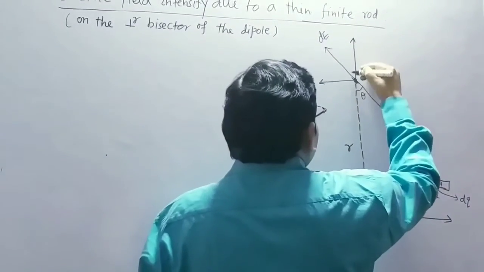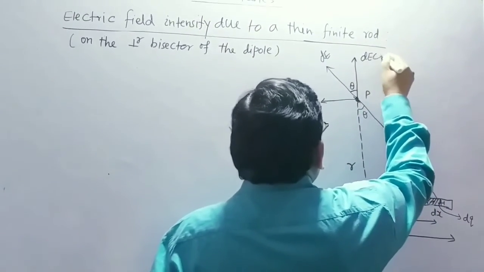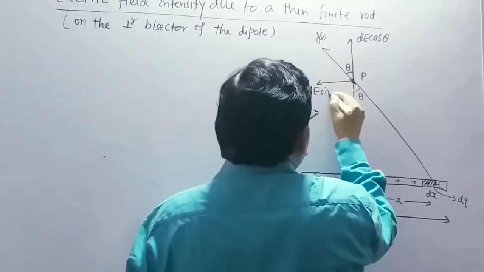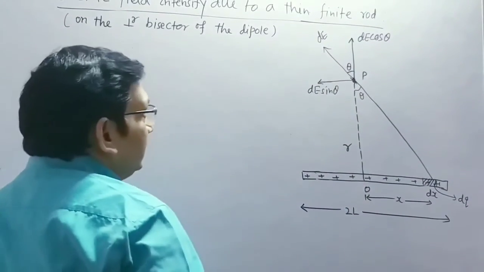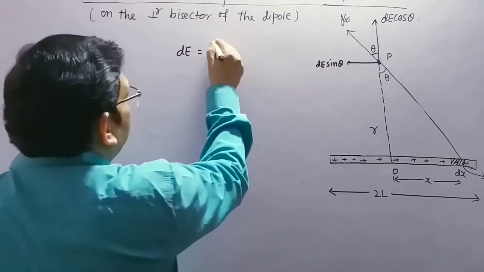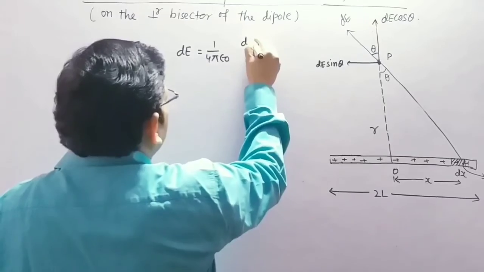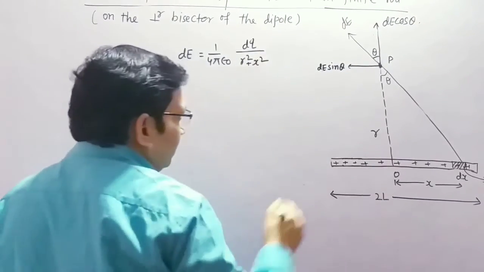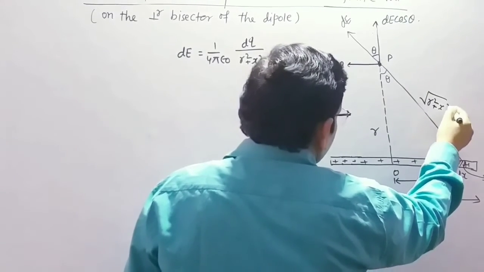This angle is theta. Again, we have dE cos theta and dE sin theta. One can write down the electric field intensity at P, dE, as 1 by 4 pi epsilon times dq by (r square plus x square), where the distance is root under r square plus x square.